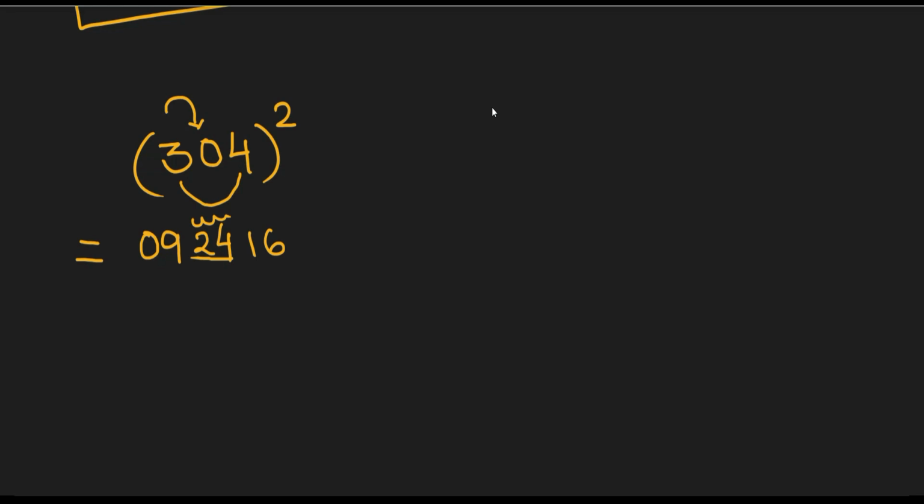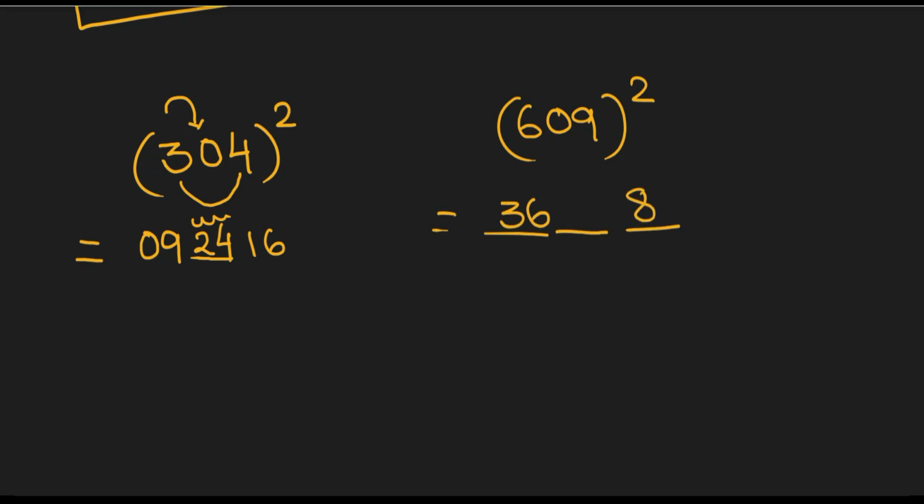If you want to find the square of 609, then we can write this as 6 square is 36 and 9 square is 81. Now multiply 6 into 9, that is 54, into 2, that is 108.